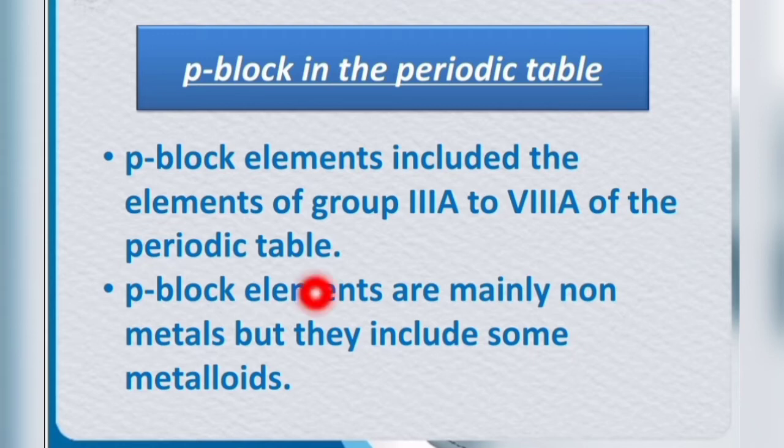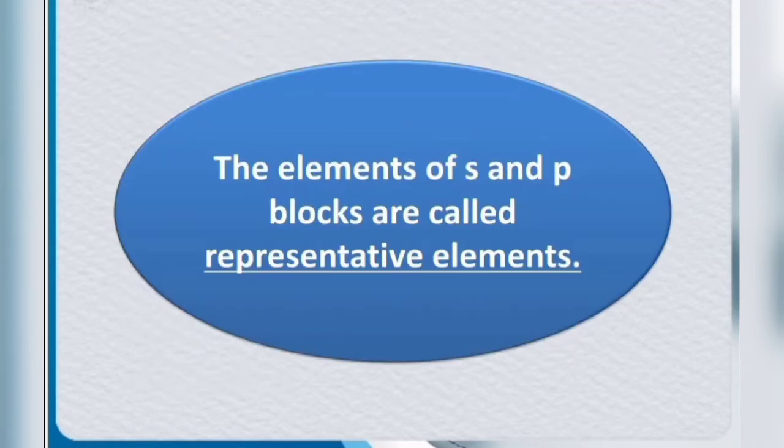And what are metalloids? Yes, the metalloids have properties that are somewhat of a cross between metals and non-metals. Students, always remember that the elements of S and P blocks are called representative elements.